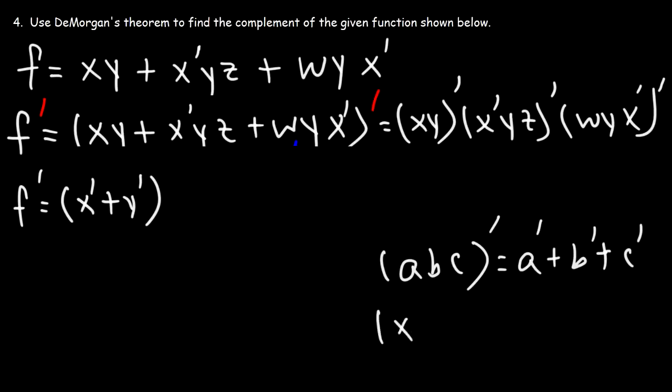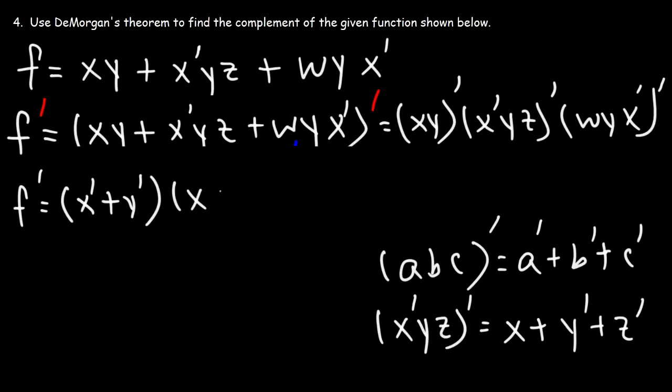So therefore, X prime YZ prime is going to be equal to X plus Y prime plus Z prime. So let's write that here. X plus Y prime plus Z prime.